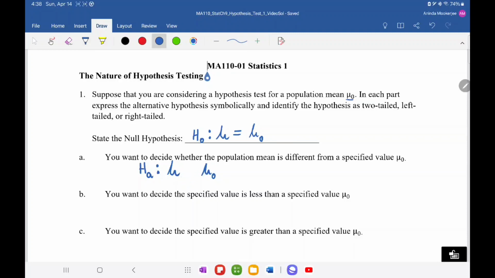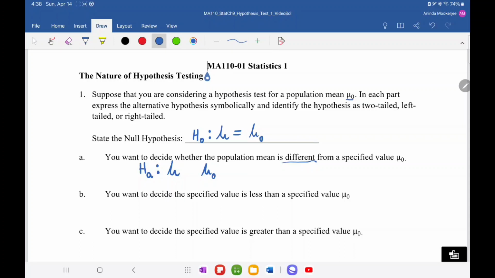All right, now it says here you want to decide whether the population mean is different. Is different means it could be less than the null hypothesis population mean, or it could be greater than it. It's different. In other words, it's not equal.